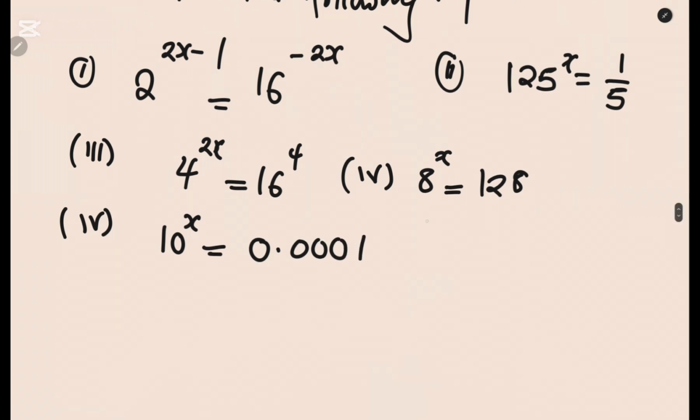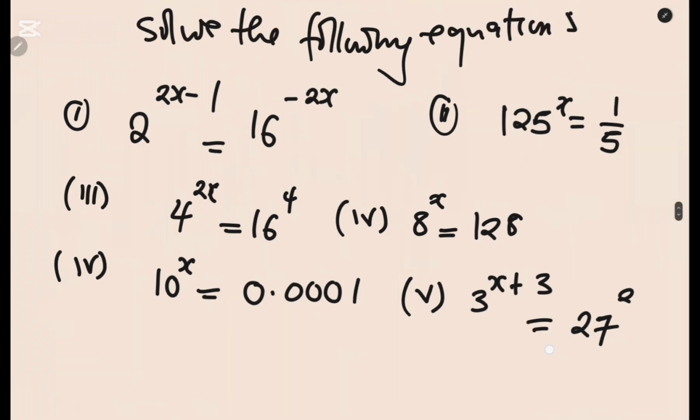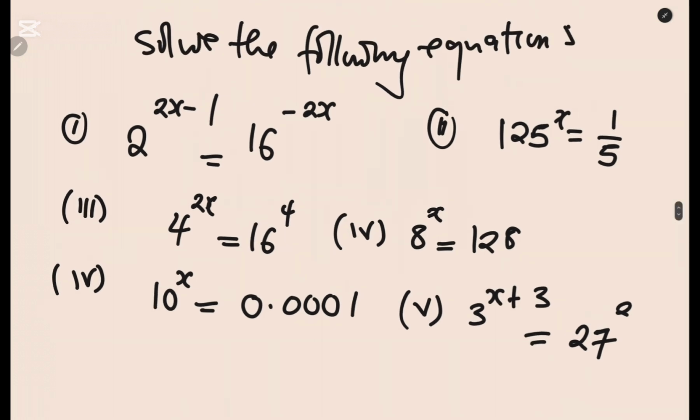So take this work seriously. Then the fifth one, number 5, 3 to the power x plus 3 is equal to 27 to the power, let me say to the power 2. So please, if you are able to answer these questions, then you have no problem on this particular topic.